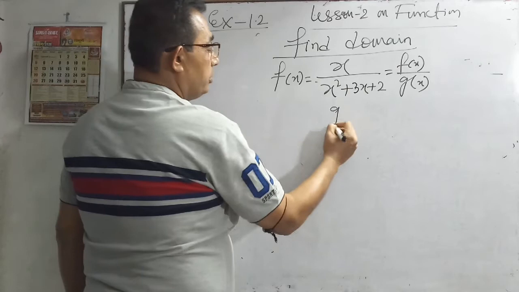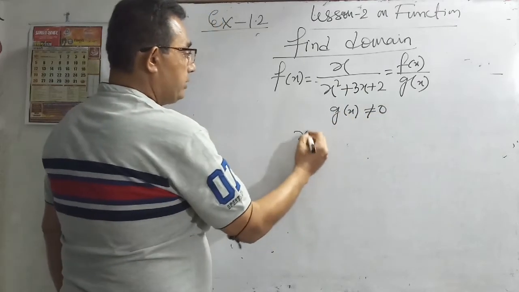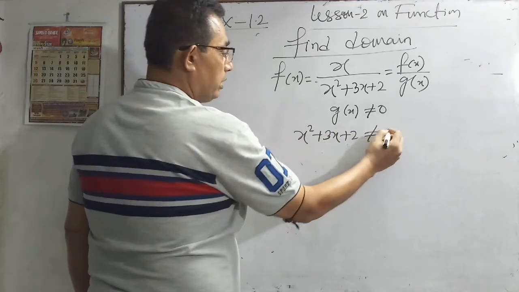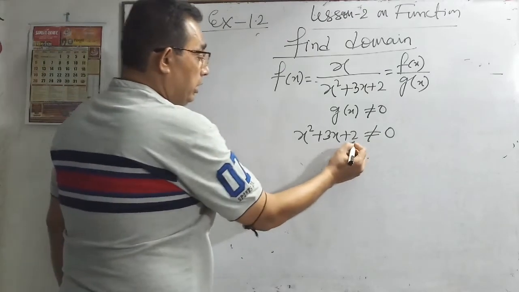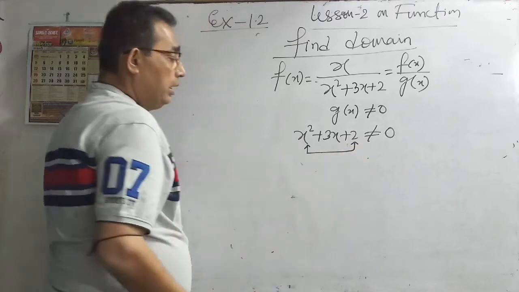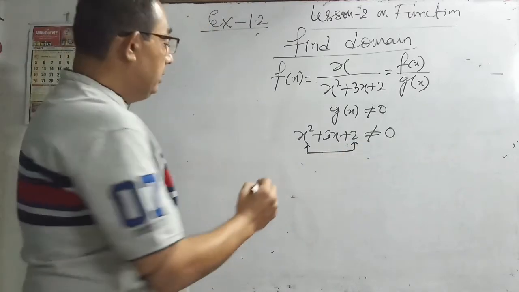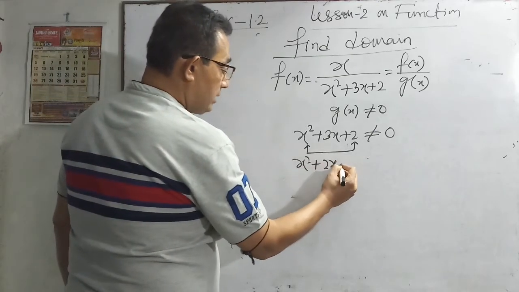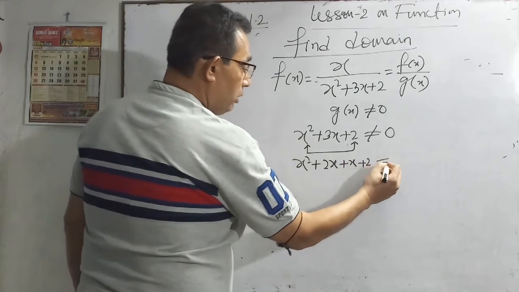This one also, g(x) is not equal to 0. X² + 3x + 2 is not equal to 0. Now you make the factors: 1 into 2, 2, 2 into 1, that means x² + 2x + x + 2 is not equal to 0.